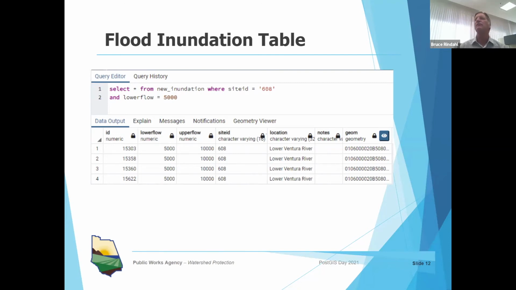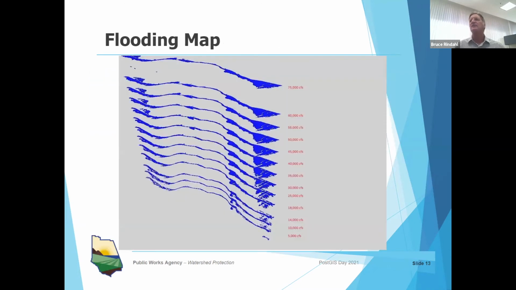So now you have the boundaries, the ID for the location, and an attribute of the flow that was generated. To see this conceptually, here is an example where we did an inundation boundary. We had a whole series of them. All of these are in a table. And each one of the boundaries, here is the inundation boundary at 5,000 CFS. As you can see, very small.